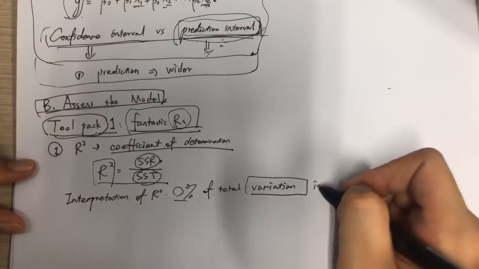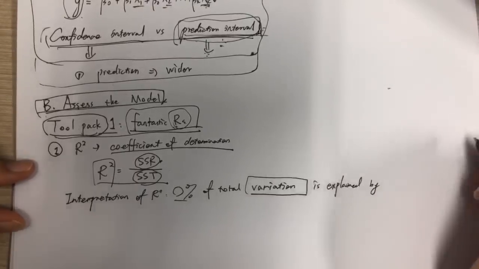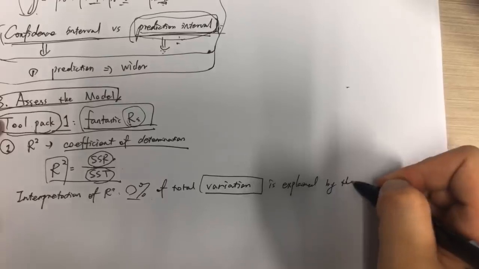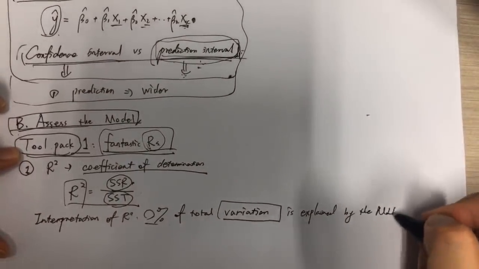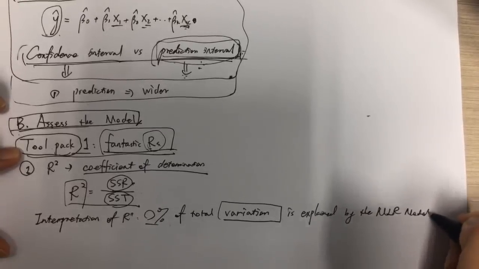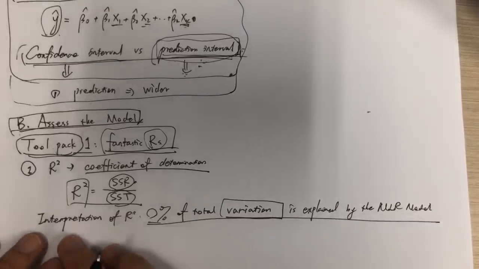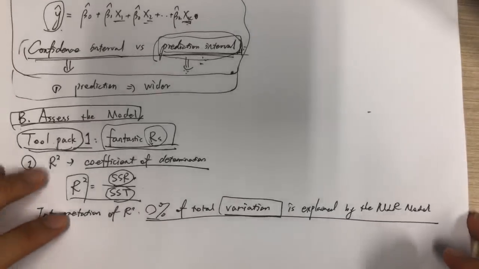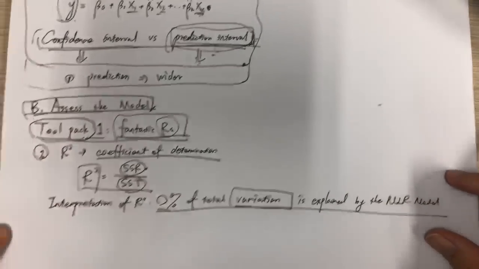Variation is explained by the multiple linear regression model, or by those independent variables, by the MLR model, okay? So that's the interpretation of R square, all right? So that's all you need to know about R square.